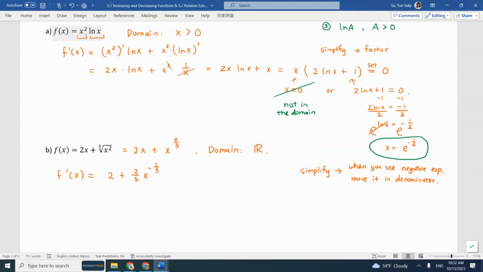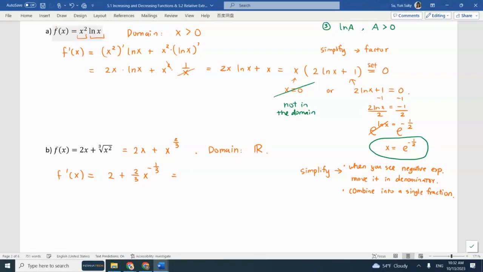Then, because you have two terms and one term is a fraction, you need to combine them into a single fraction. This is what it means by simplify if you see a negative exponent. Is that clear, everybody?